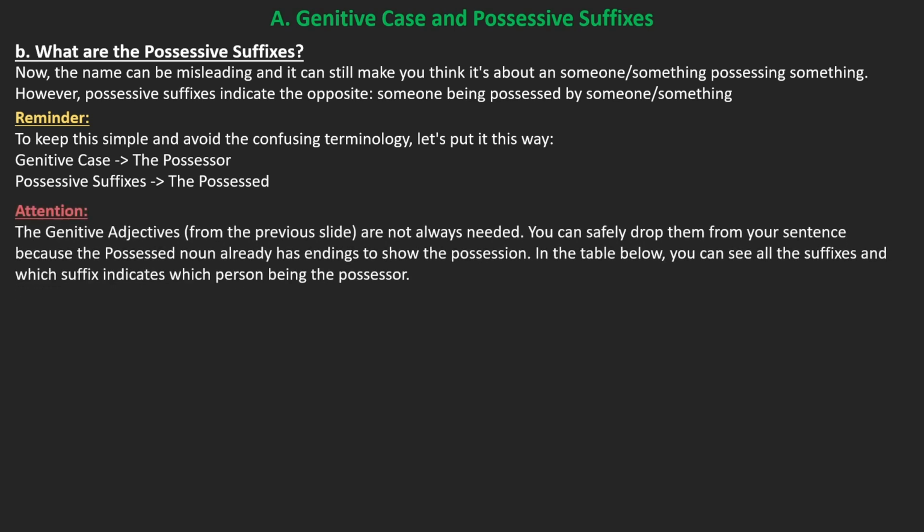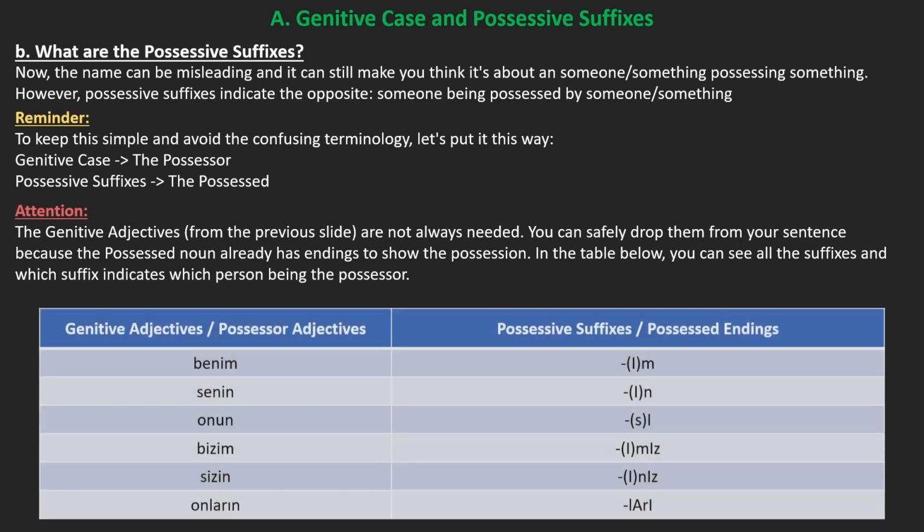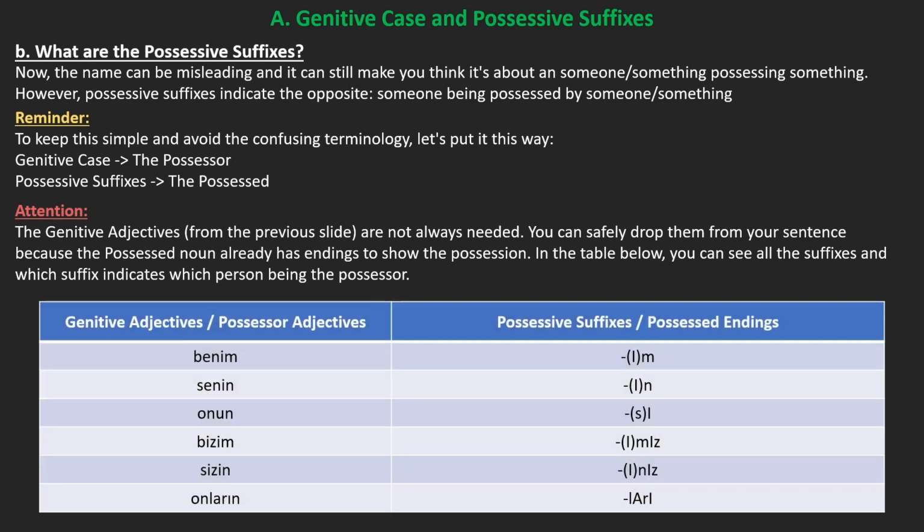And one more attention before we go. The genitive adjectives, I already talked about this. You can safely drop them, as I said. And in the table below, we will see all the suffixes that are used together. This table is very important, and some people enjoy having these cheat sheets, so that's why I put it that way.